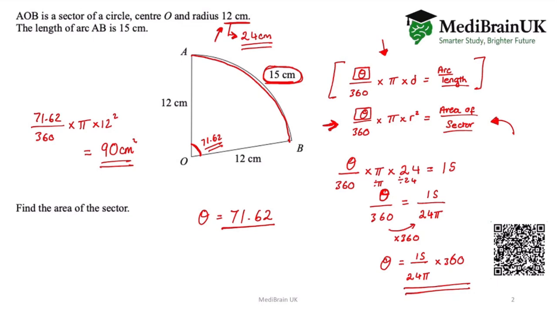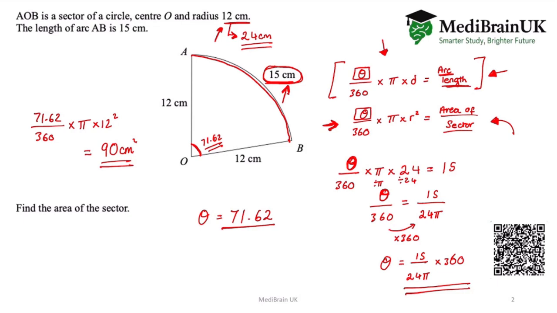Okay, now because in this question we weren't given what the angle was, as you can see, we didn't know what the angle was, we needed to work out the angle. So because we knew what this arc length was, that was 15, we used this formula of arc length and we needed to work out the angle. So this is our x, this is what we need to work out. And that's over 360. We're multiplying by pi, we're multiplying by 24, and we know that's equal to the arc length, which in this question is 15.